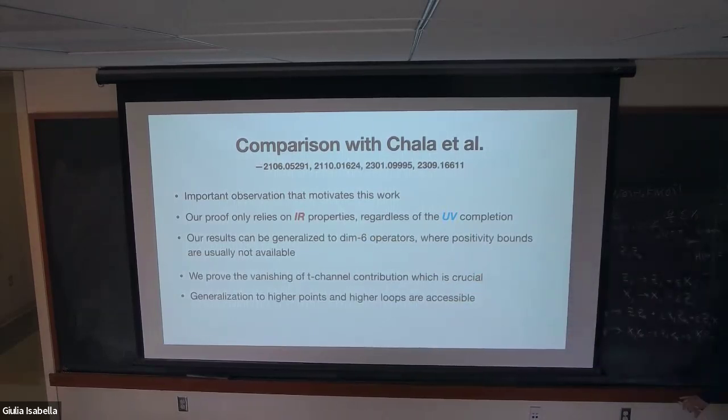Doesn't it say a little bit about the UV, that the UV completion has to satisfy that assumption of what happens at infinity? No, we're not doing contour integrals at all. So there's the IR and the EFT, and that has nothing to do with the UV.